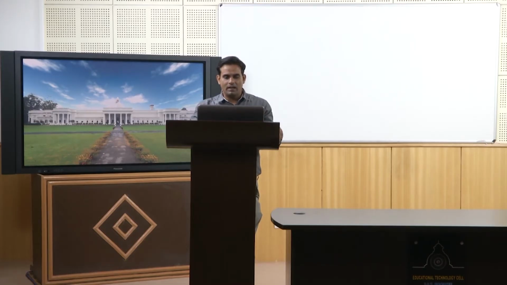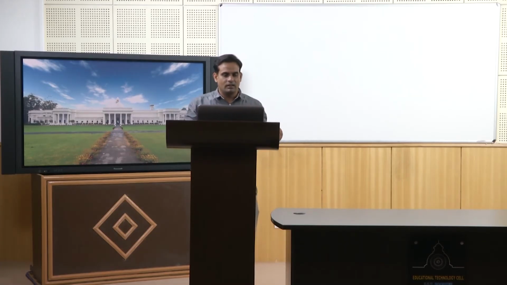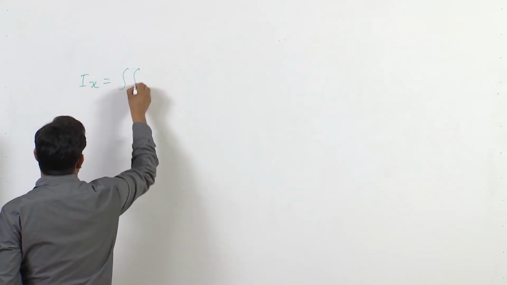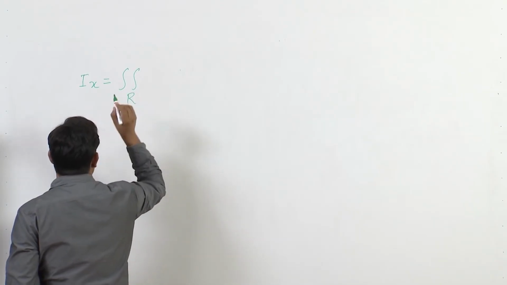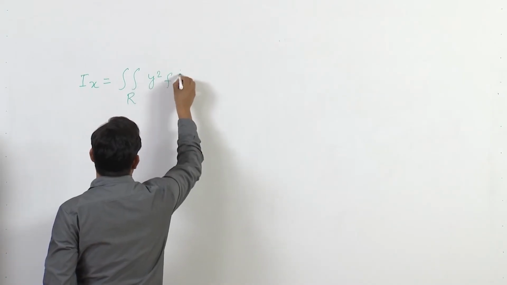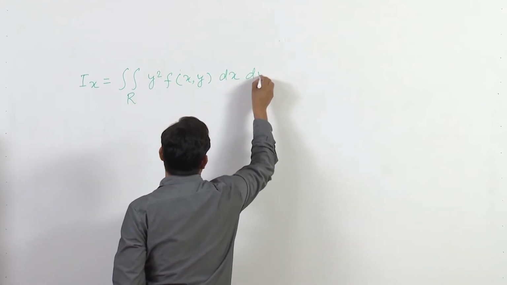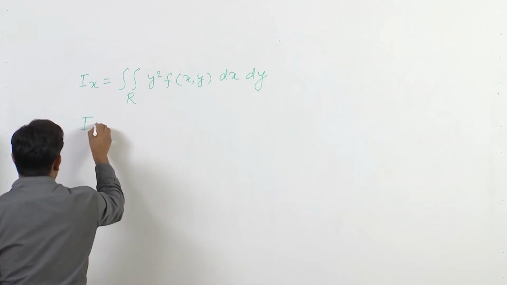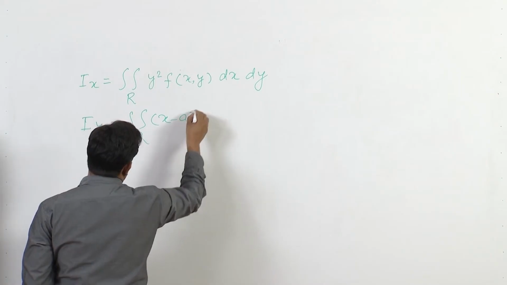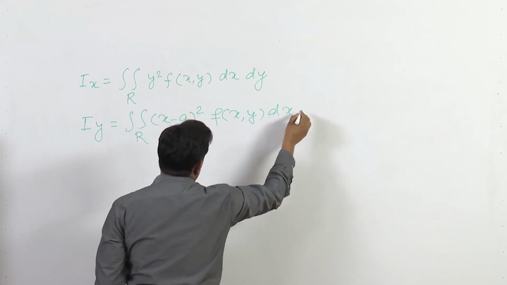If I want to find the moment of inertia about a line, let us say x equals a, then Ix over R will remain the integral of y square f of xy dx dy, and then Iy will become the integral over R of x minus a whole square f of xy dx dy.